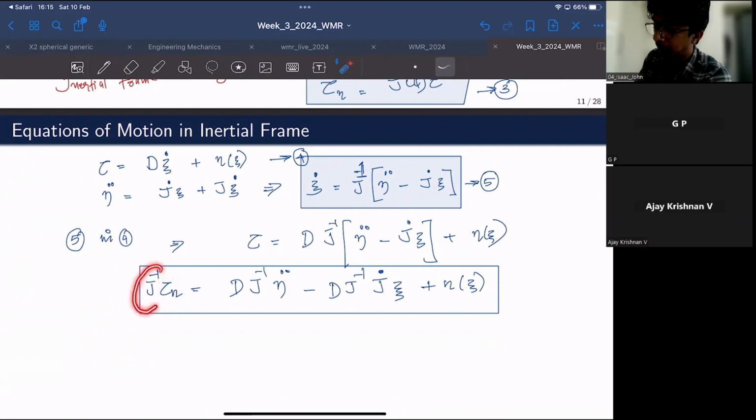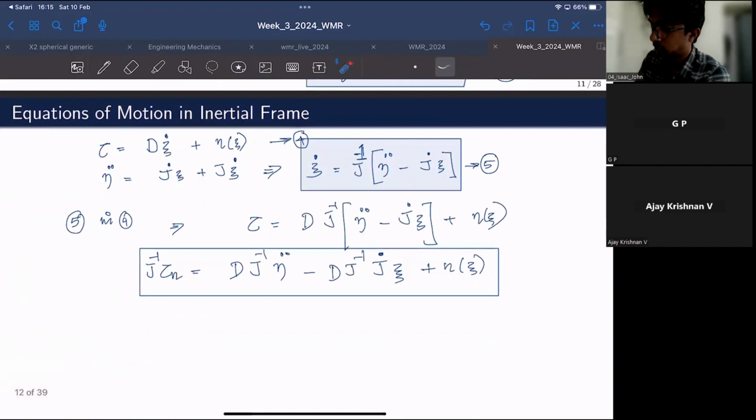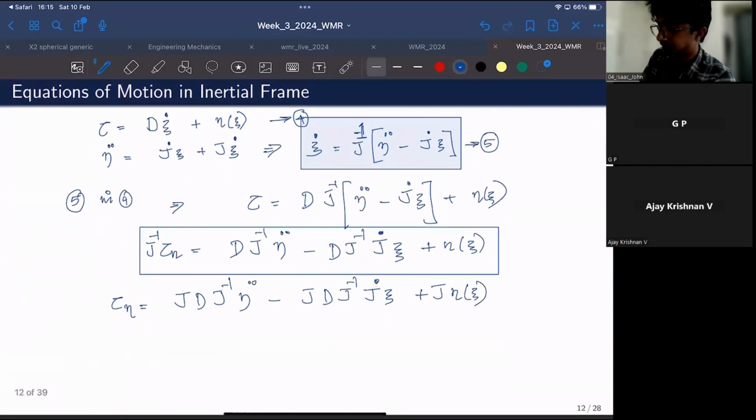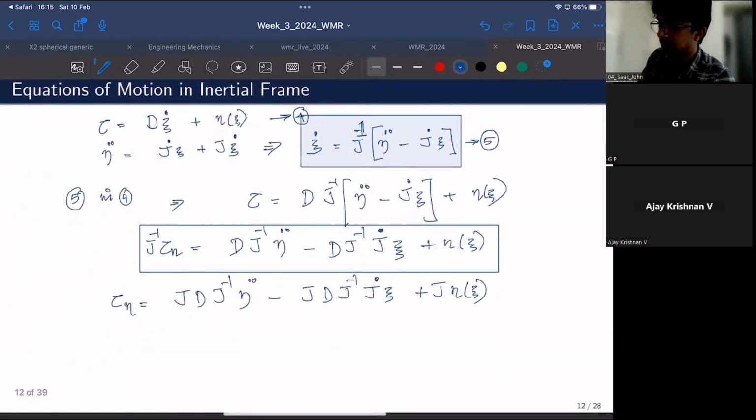You have to pre-multiply the inverse of it here. In that case, it will be nothing but J D J inverse eta double dot minus J D J inverse J dot theta dot plus J n of theta. And here, this is tau eta.